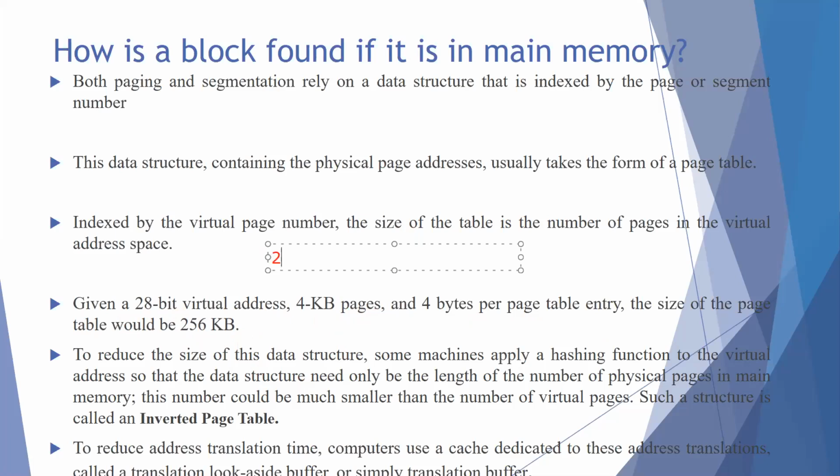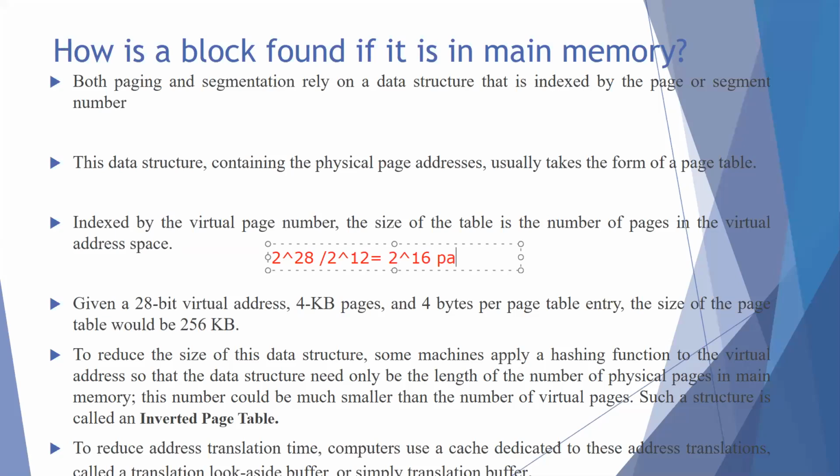How many pages are we having? 4 kilobytes is 2 to the power 12. 10 is 1, 11 is 2, 12 is 4, so 16 will come. You have 2 to the power 16 pages.